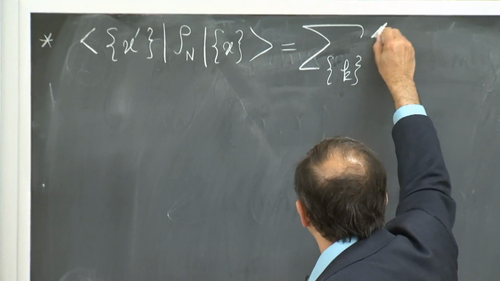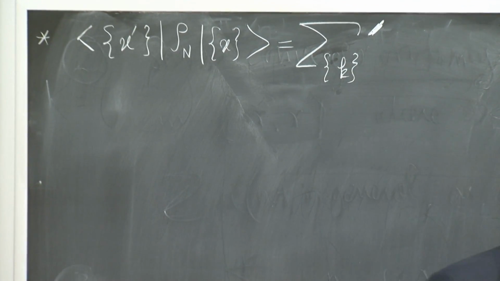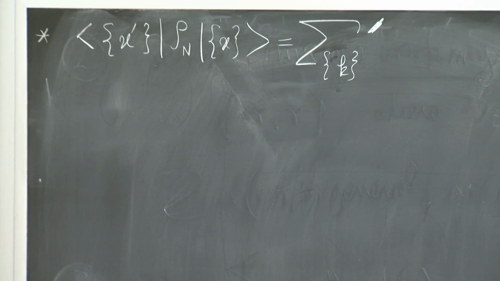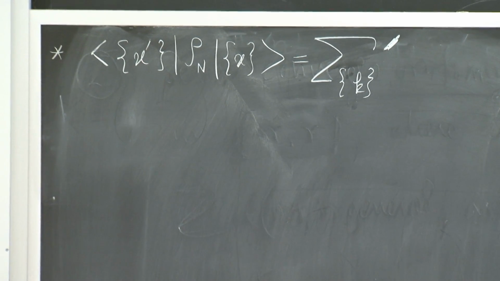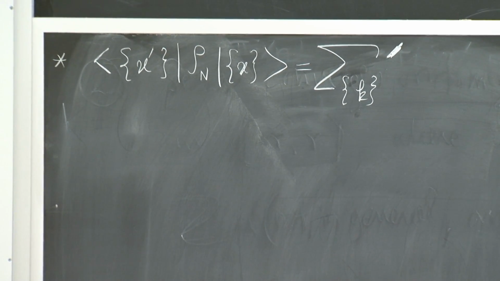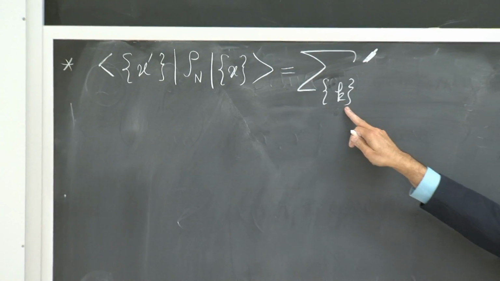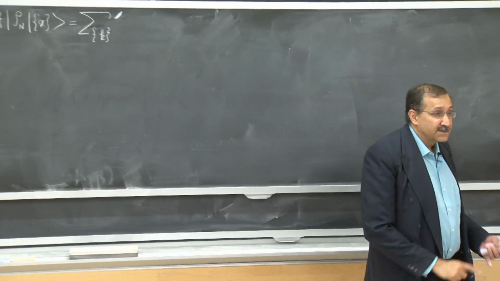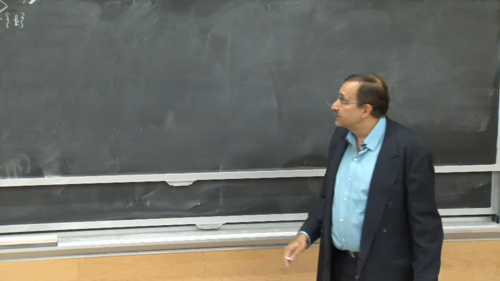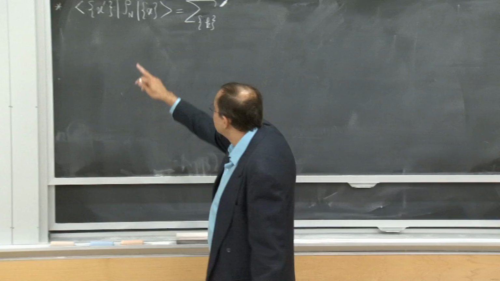But then I have to remember that I should not overcount distinct sets of k values, because permutations of this list of k's, because of symmetrization or anti-symmetrization, will give me the same state. So I have to be careful about that.